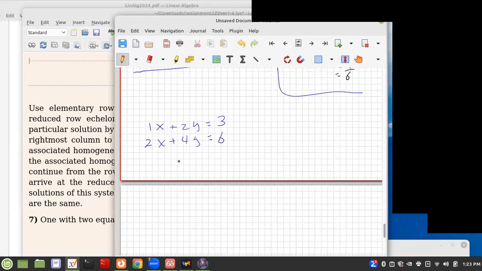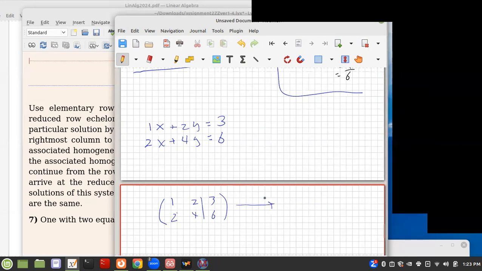You look at the augmented matrix, 1, 2, 3; 2, 4, 6. You do the row operation -2 row 1 plus row 2 to get 1, 2, 3; 0, 0, 0. That's an echelon form.